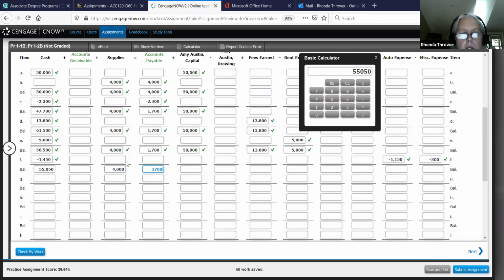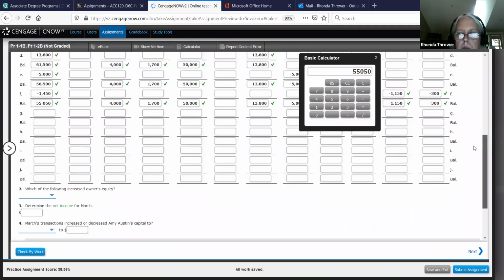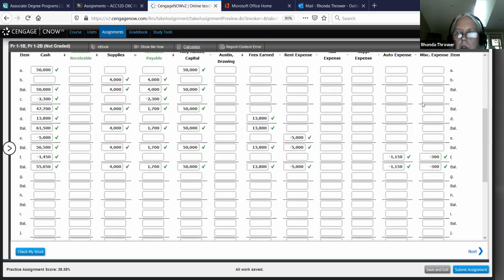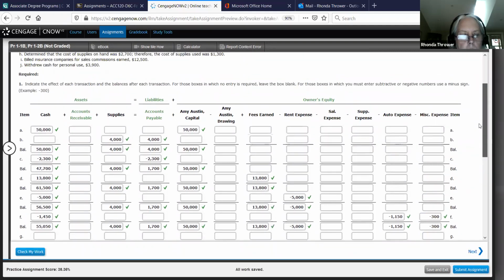If there was nothing that affected them, you just bring down the previous balances. Then check your work. Okay, we'll turn that off for just a minute so we can see what we're doing.